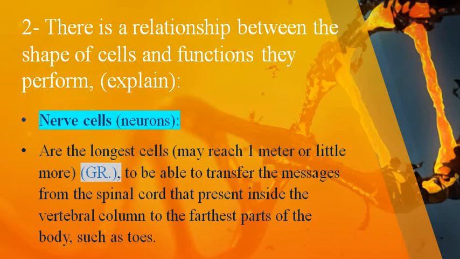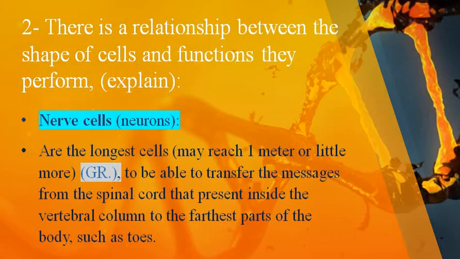To transfer the message over a long distance, from the organs to the spinal cord to other parts of the body. Okay, so this is according to shape. The shape of this one is long to do a special activity, which is transferring the message over a long distance.